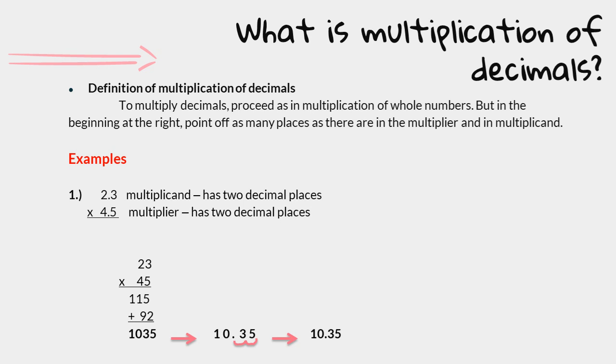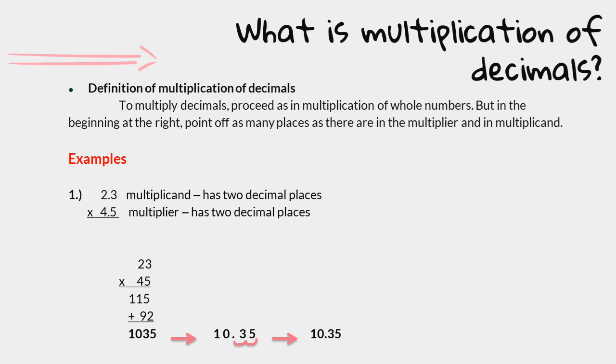So we have 5. So 1 plus 2 is 3. And 1 plus 9 is 10. So, sa final answer natin na 1,035, dito tayo maglalagay ng decimal point.